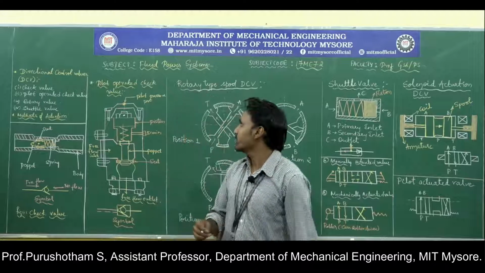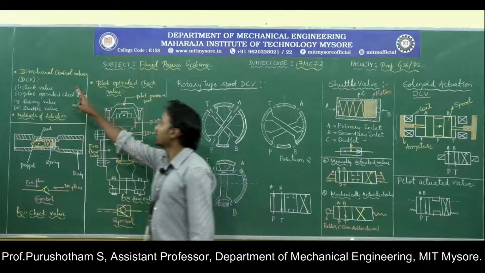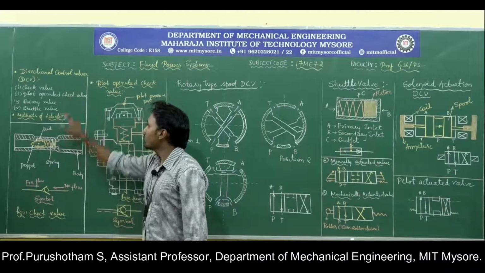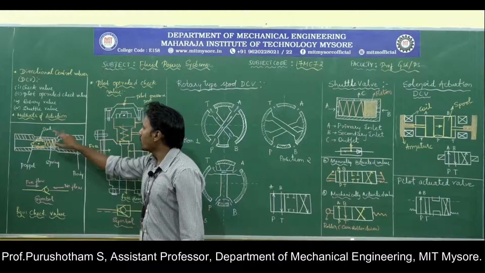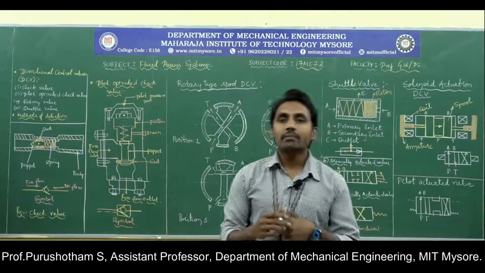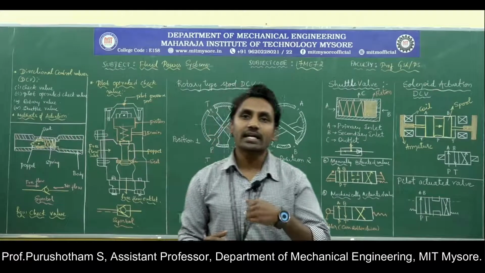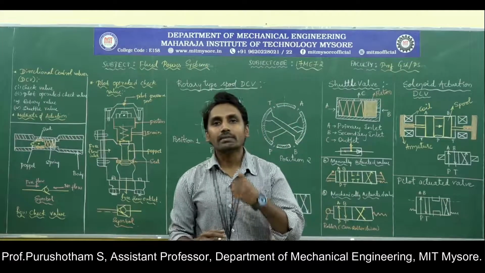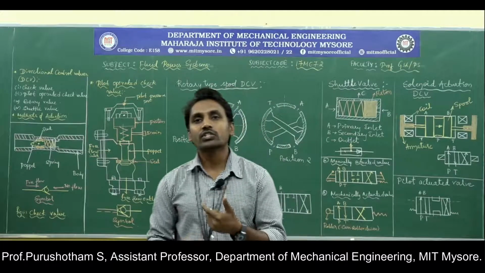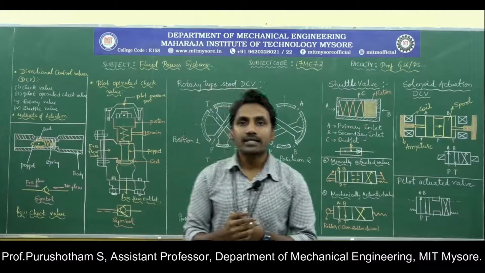Now in today's session, under direction control valve we are going to learn check valve, pilot operated check valve, rotary valve and shuttle valve and methods of actuation. As the name itself suggests, direction control valve symbolizes controlling the direction of fluid in a hydraulic circuit.